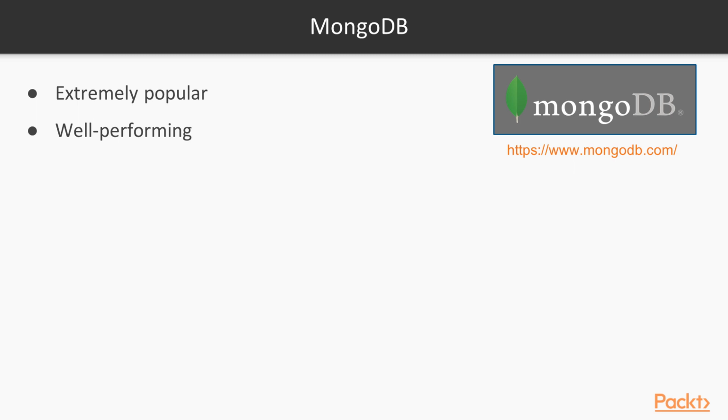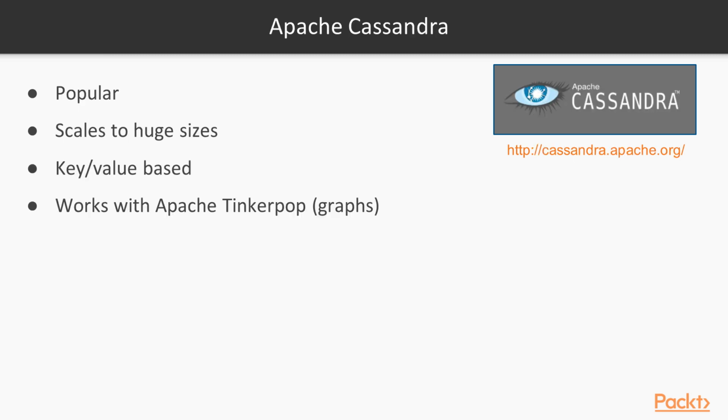The reason is that it's an extremely well-performing database that will give a high amount of throughput and query volume to any application that you're choosing to write. Another popular NoSQL database is Apache Cassandra, which is a key value-based store to insert a variety of information that you need and is able to scale to extremely large sizes in a cluster.